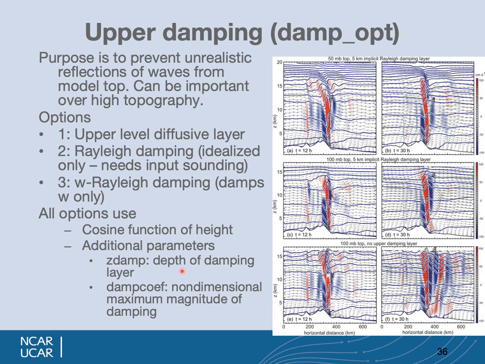Typically we would use 5 kilometers to absorb the waves that you want to damp. And then also the coefficient, which is the strength of that damping. There's some advice on the size of these coefficients in the README namelist file. But for W Rayleigh damping, the typical value would be 0.2.